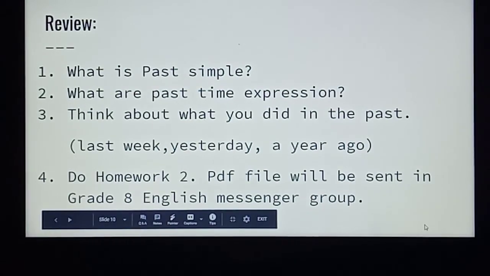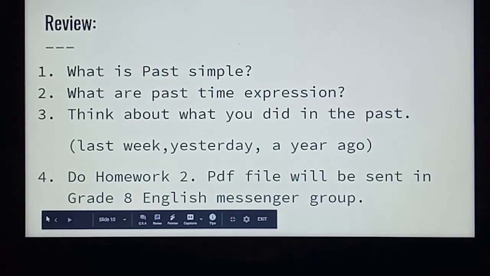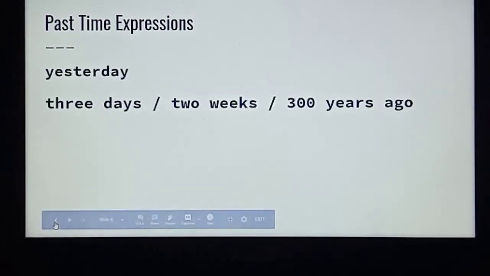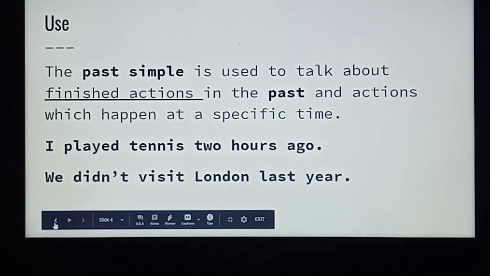So for our review, what is past simple? The past simple is used to talk about finished actions in the past and actions which happen at a specific time.